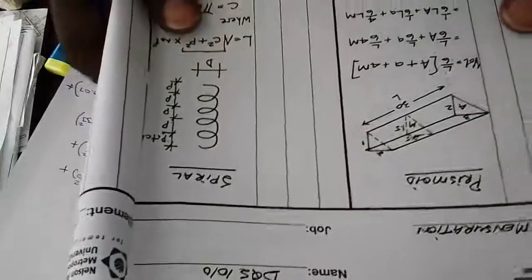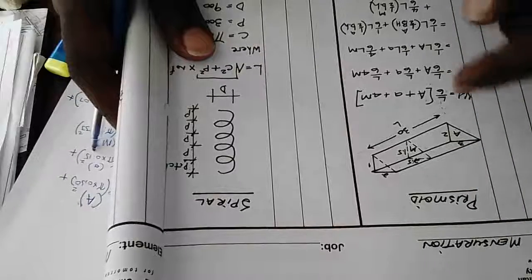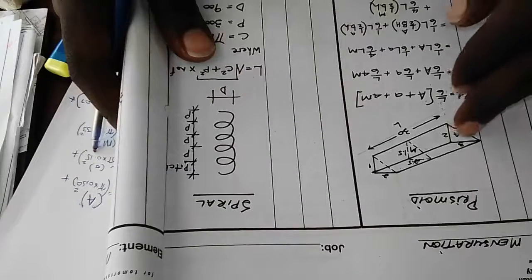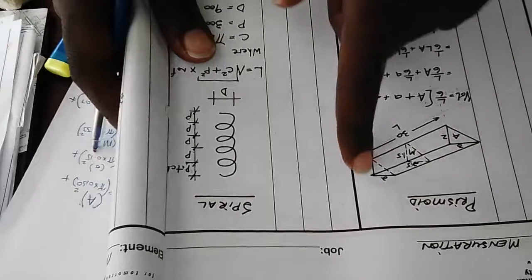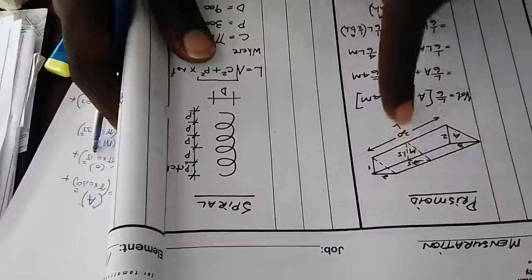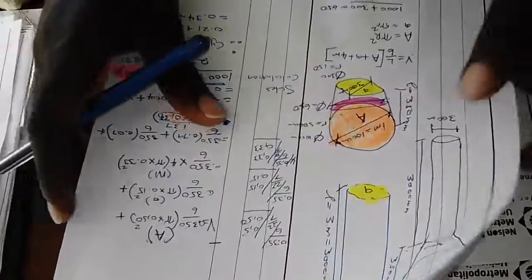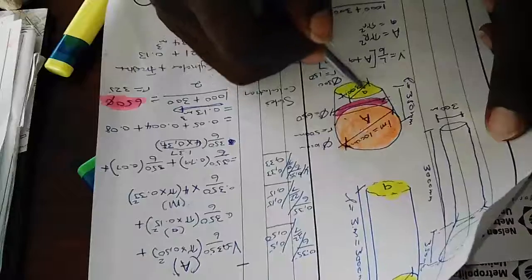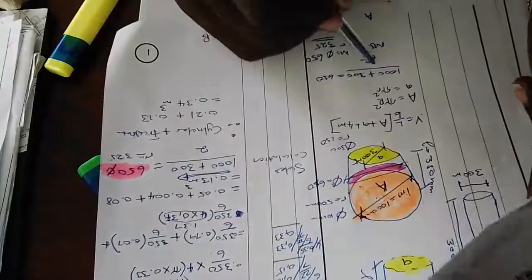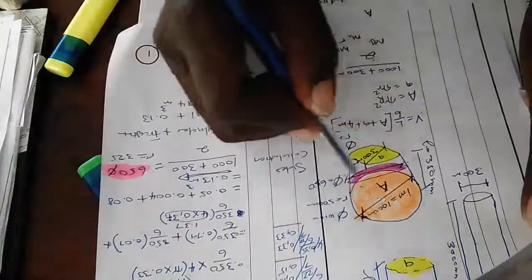So they say use this one, the prismoidal formula, because in the prismoidal formula, just like in our frustum, we've got a big area and a small area, and we can determine the middle area. So how do we determine the middle area? We take the bigger diameter and the smaller diameter, add them together, and divide by 2 to get the center diameter.